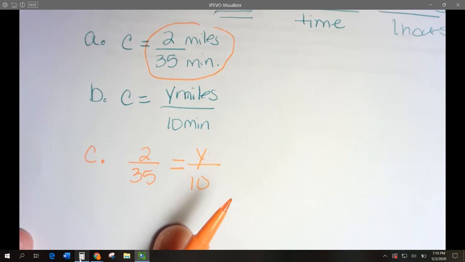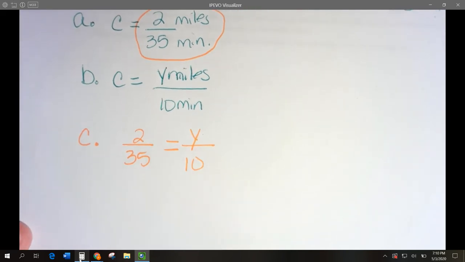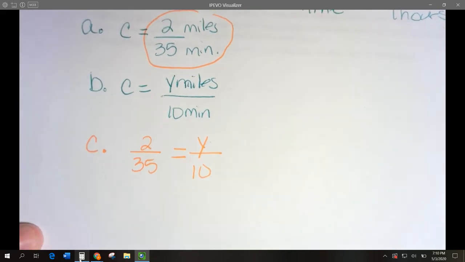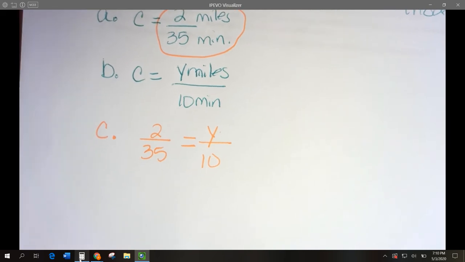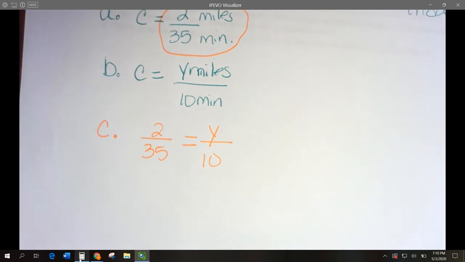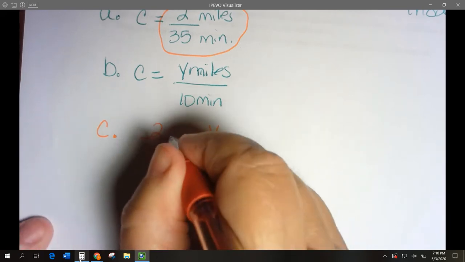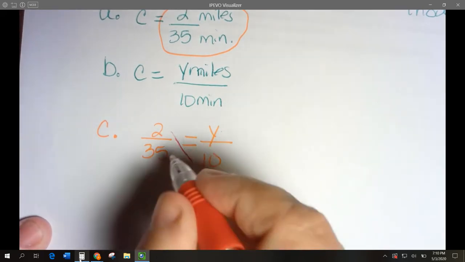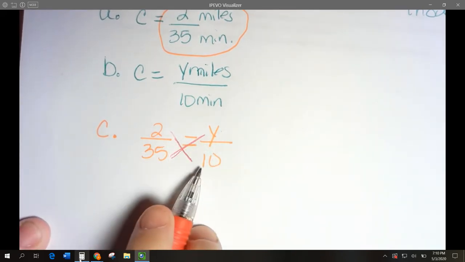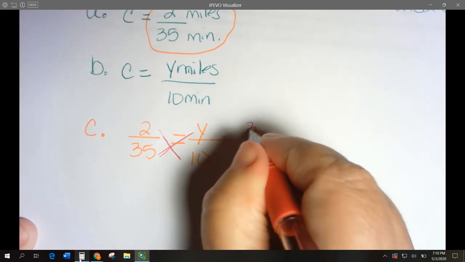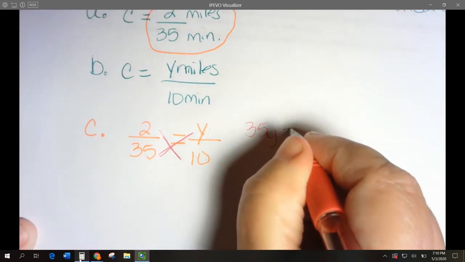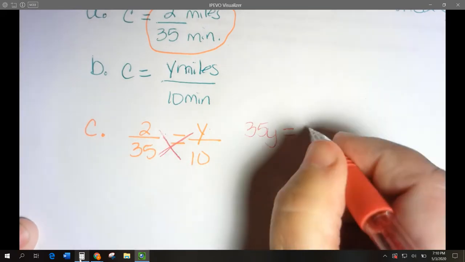Now to solve for y, we just did this a few lessons ago. We do cross multiplication and solve for y. Our cross multiplication would look like this. 35 times y would be 35y equals 2 times 10, which is 20.